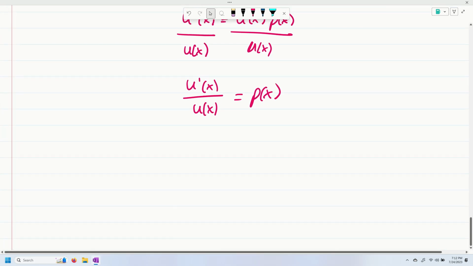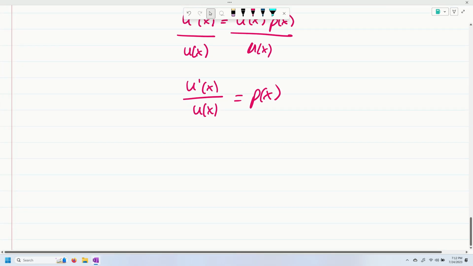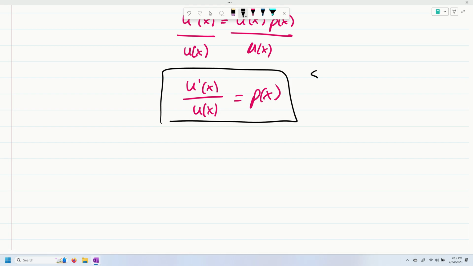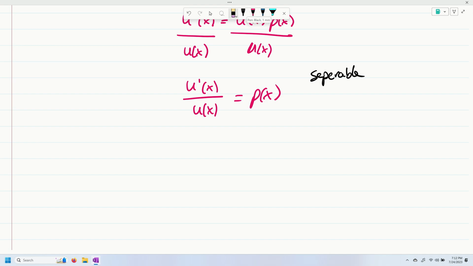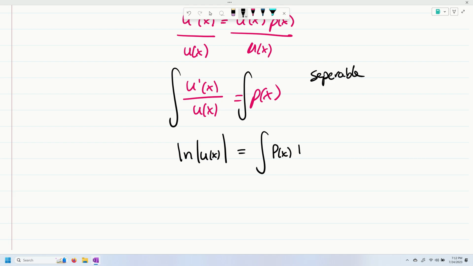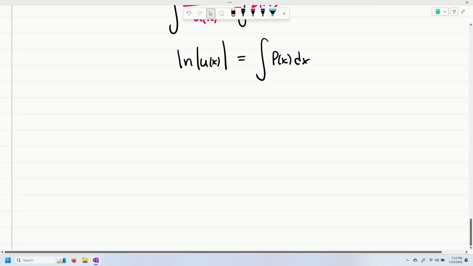The unknown function is u. But with what we have here, notice this is separable, and it's already separated for us. So I'm going to take the integral of both sides. I get the natural log of u of x on the left. On the right-hand side, I get the integral of p of x dx, because I don't know what p of x is. To solve for u of x, we're going to exponentiate both sides.